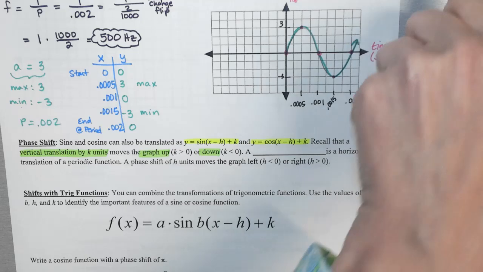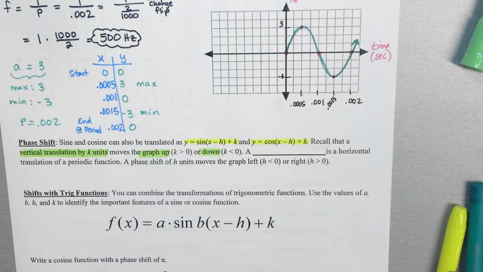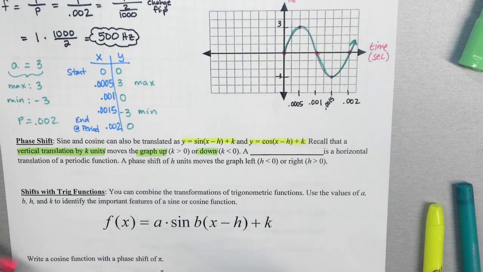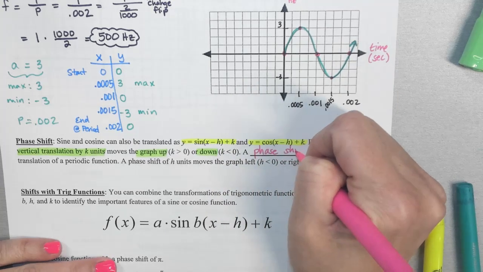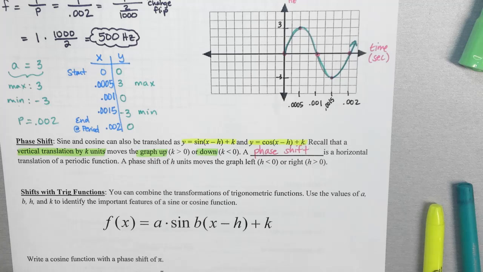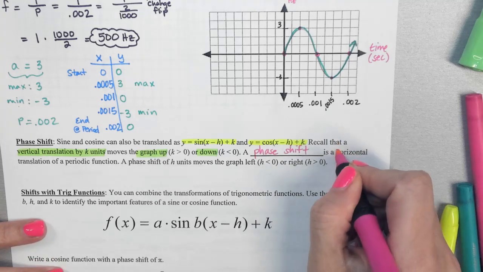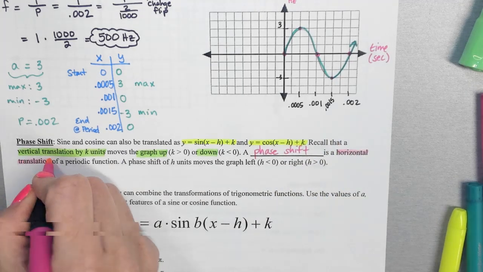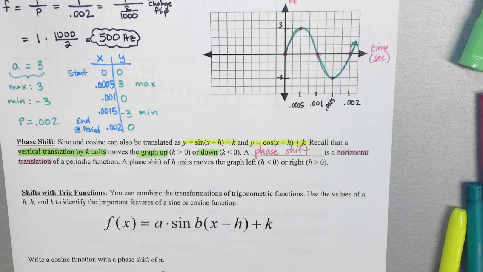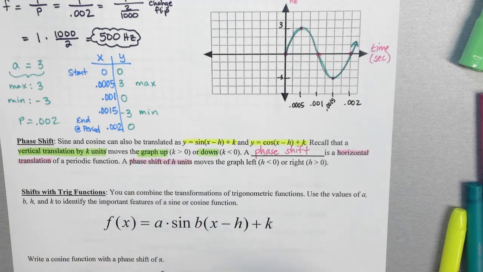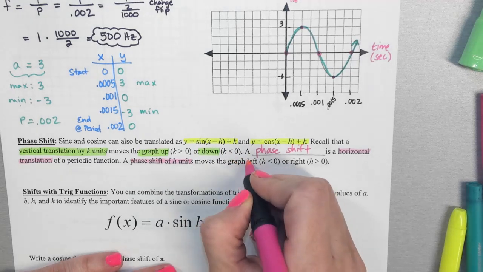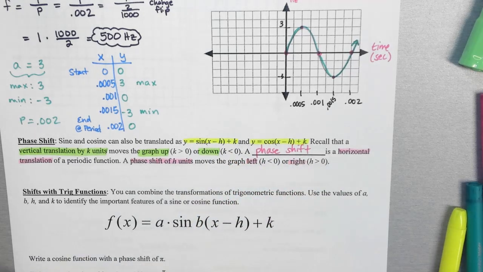If you have a phase shift, that is a horizontal translation for a periodic function. Okay, so they call it a phase shift if it is a periodic function. And if you have a phase shift of h units, that is going to move the graph left or right.